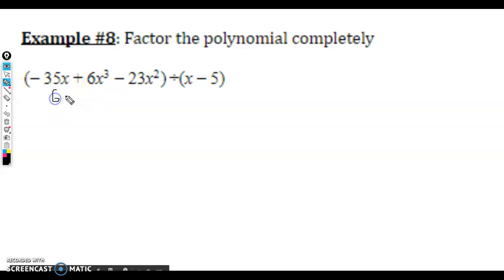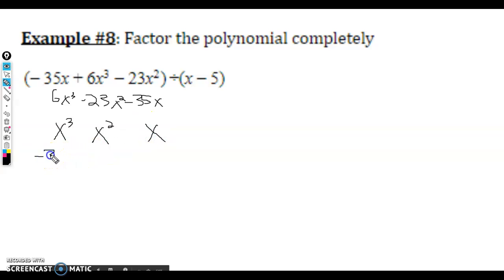This is 6x to the third. So I'm going to have my 3 columns, x to the third, x squared, and x.